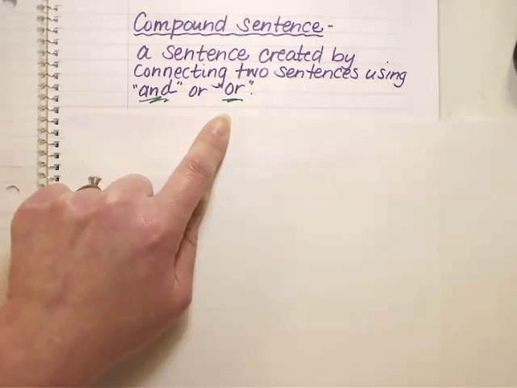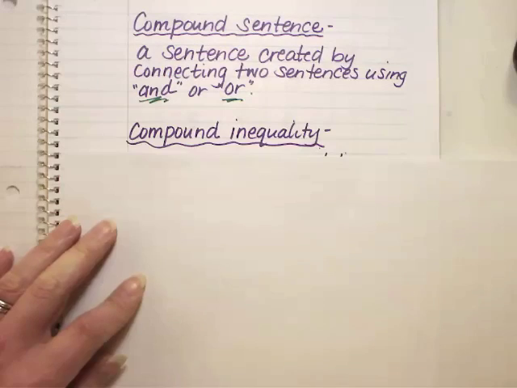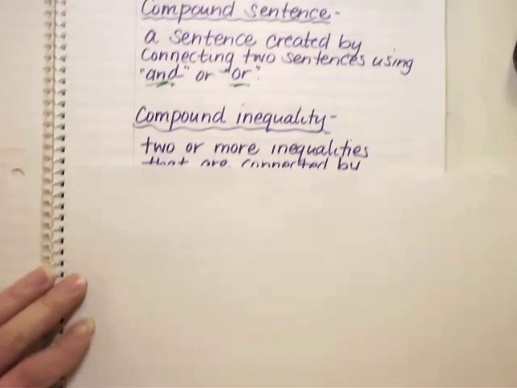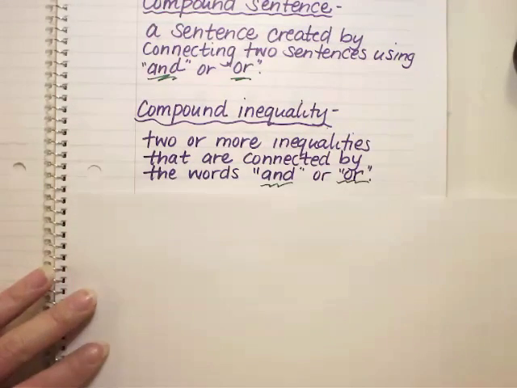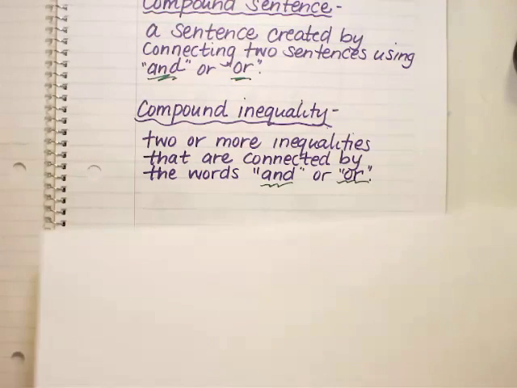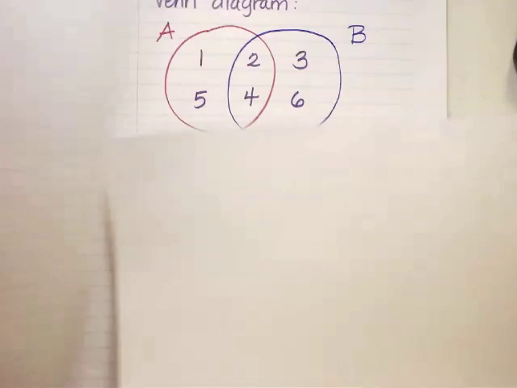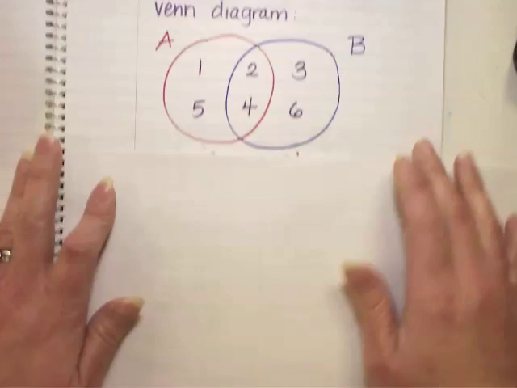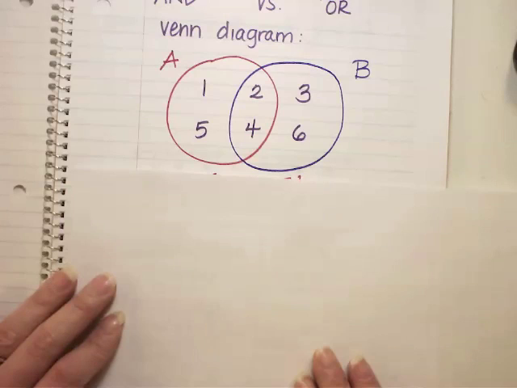And a compound inequality is what we're going to be working with, and that is two or more inequalities that are connected by the words and or or. So since these words and and or are very important, we need to take a look at them and see their differences right now. So I've created a little chart to help us. Here's an and versus or example.